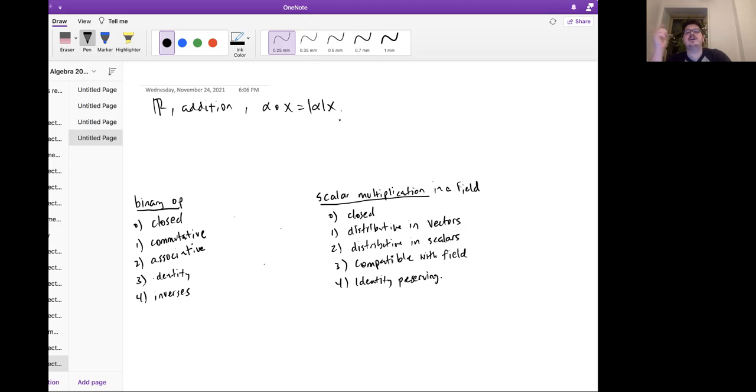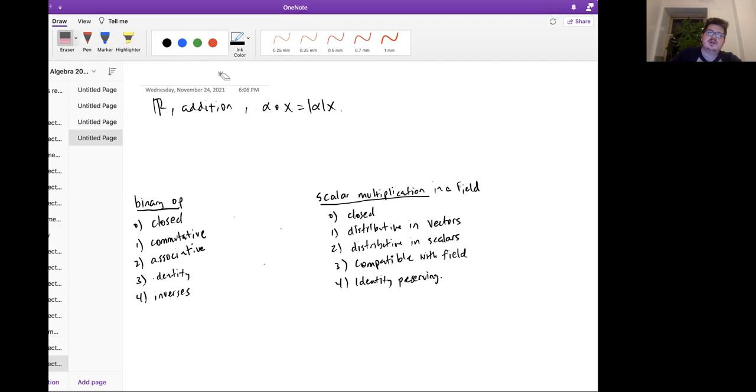Okay, can anyone see right away which one fails if one of them fails? The only different part of this is the scalar multiplication. So that's a good hint of where you should hone your focus.